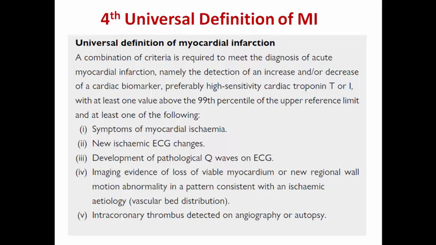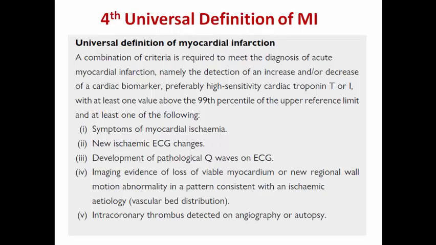This is the detection of an increase and or decrease of a cardiac biomarker, preferably high sensitivity cardiac troponin T or I, with at least one value above the 99th percentile of the upper reference limit, and at least one of the following: symptoms of myocardial ischemia, or new ischemic ECG changes, or development of pathological Q waves on ECG, or imaging evidence of loss of viable myocardium, or new regional wall motion abnormalities in a pattern consistent with an ischemic territory, or intracoronary thrombus detected on angiography, or, unfortunately, the patient died and it is detected on autopsy.